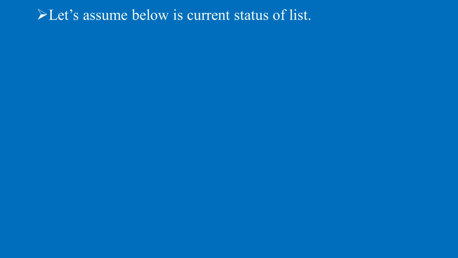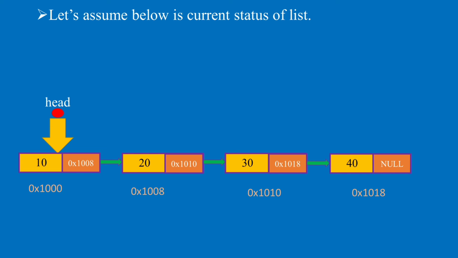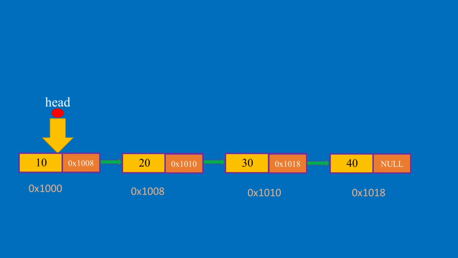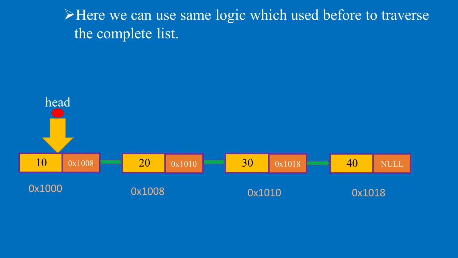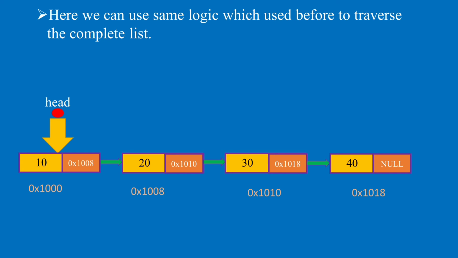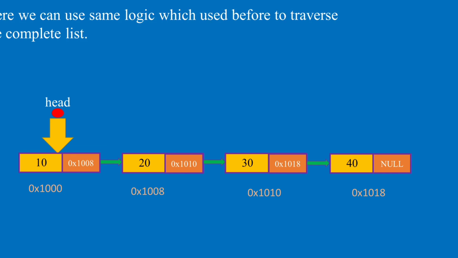Let's assume below is the current status of the list. The list already has 4 nodes and is not empty. Here, we can use the same logic which was used before to traverse the complete list.